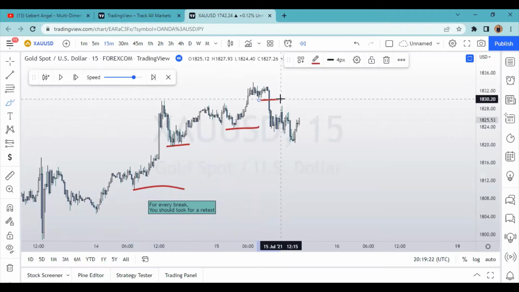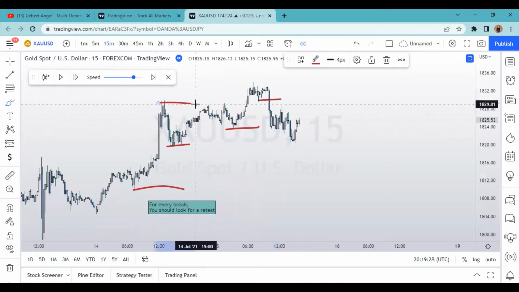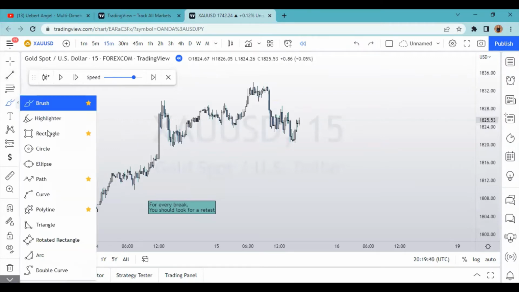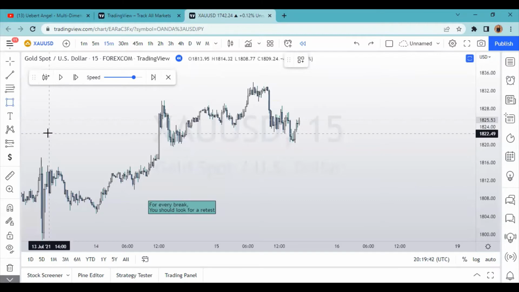When you're talking about support, you're talking about where you have buyers. When you're talking about resistance, you're talking about where you have sellers. Let me cancel that, sorry. So now when I'm trading, I'm looking at where something has been broken that needs to be retested.